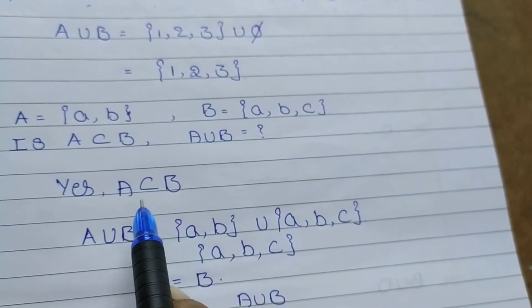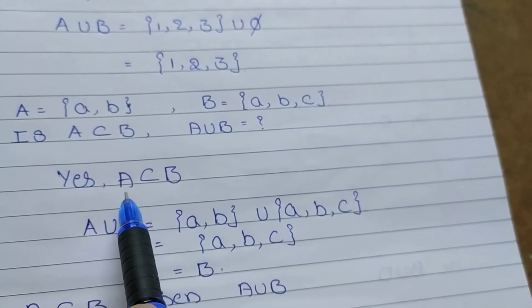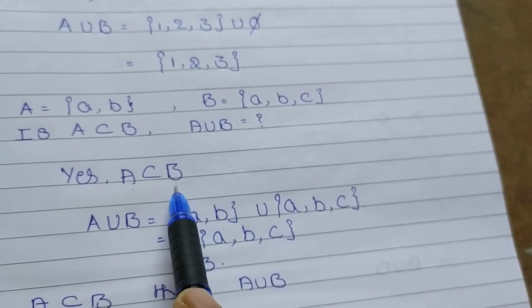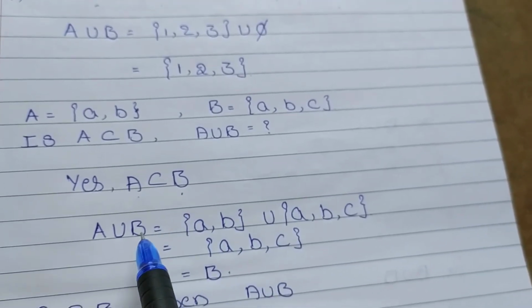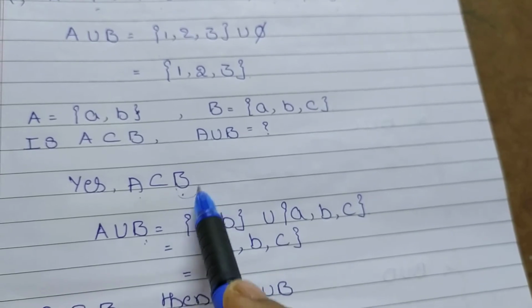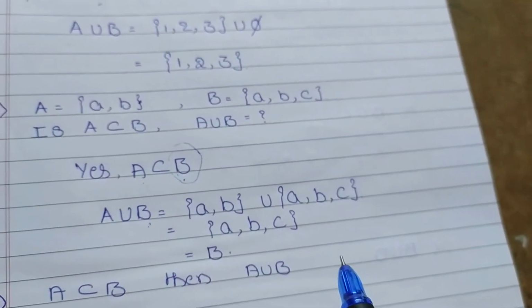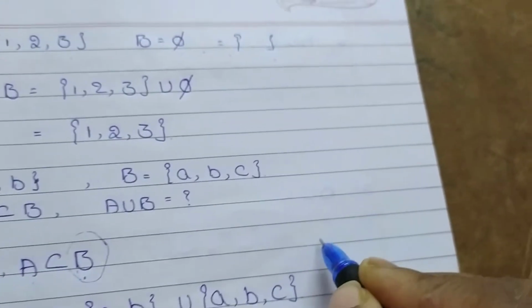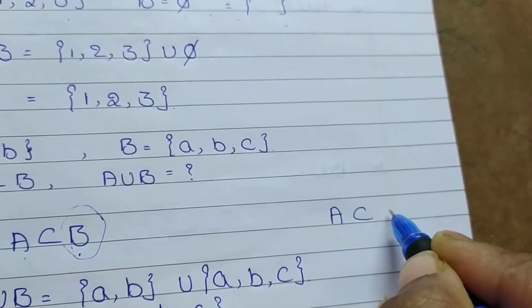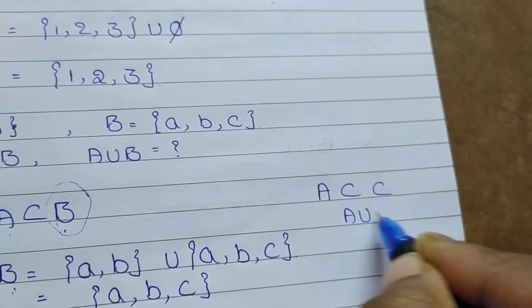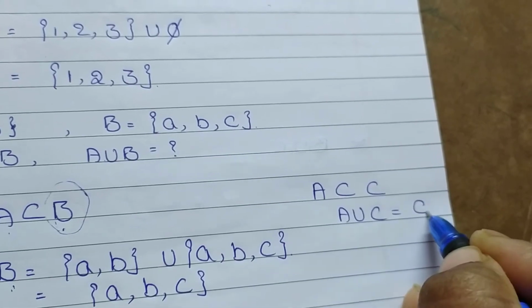If there is a set which is a subset of the other set, then A union B will be the superset of the given sets. Suppose A is a subset of some C, then A union C will be equal to C itself.